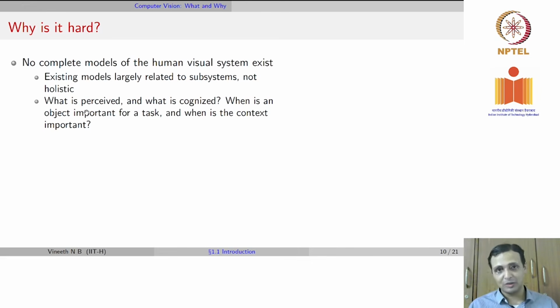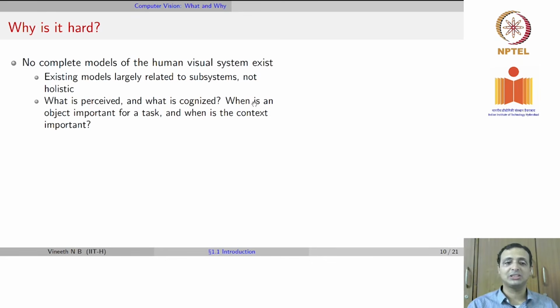There is a significant difference, especially if you take the example of the Hermann grid illusion that we saw. What you perceive and what you cognize are two different things, right? You may look at a piece of thread in the night and think it's a snake. So once again, what you perceive and what you cognize are different here. That makes the problem even harder.